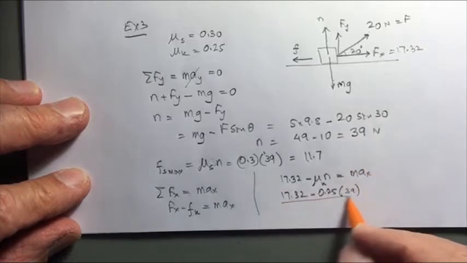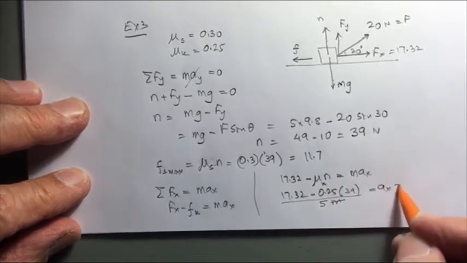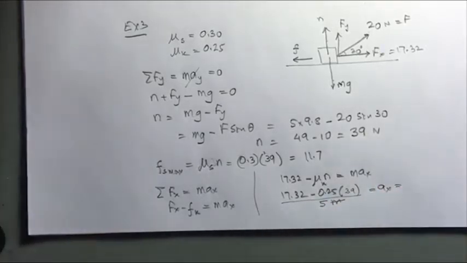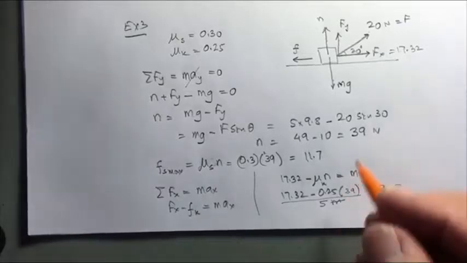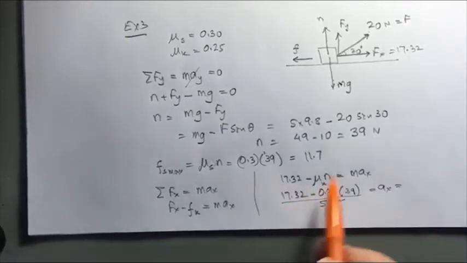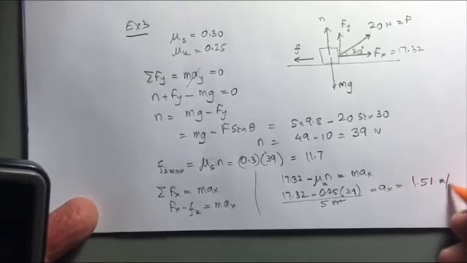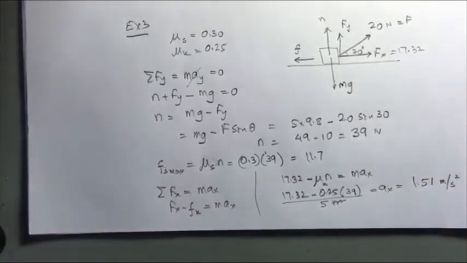We divide this by m, which is 5, and that's ax. So that's 39 times 0.25, and 17.32 divided by 5, so it's 1.51 meters per second square.